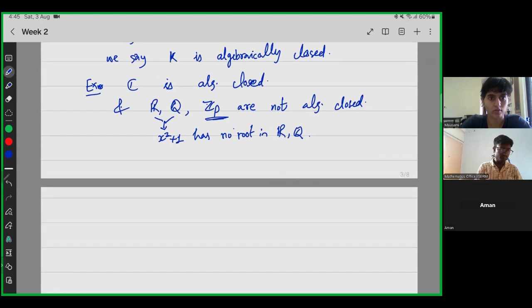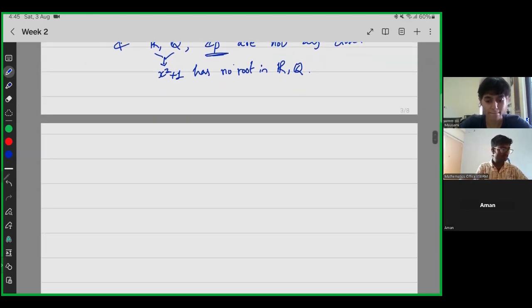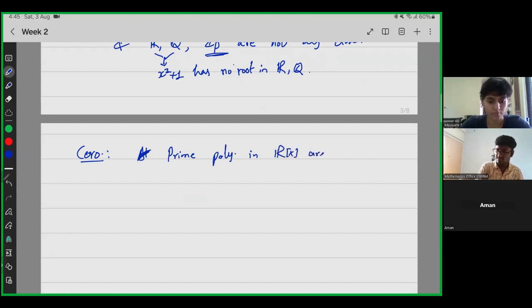Check for them. One more thing is left: the corollary that the prime polynomials in R[x] are precisely x minus c or x squared plus ax plus b.